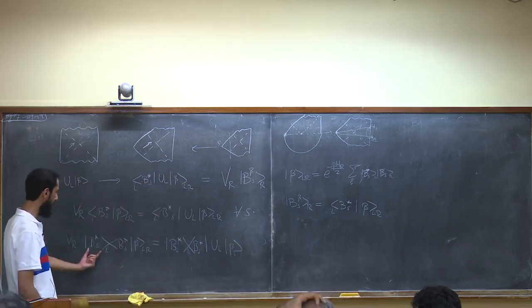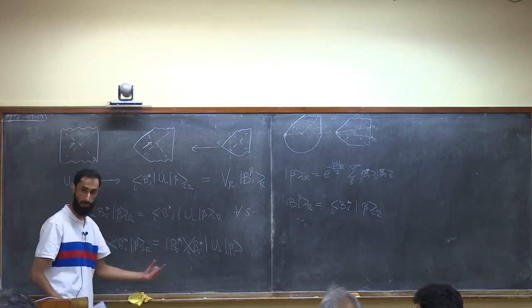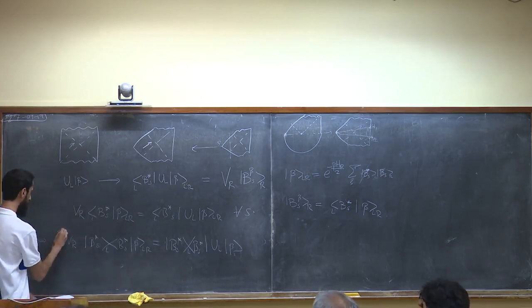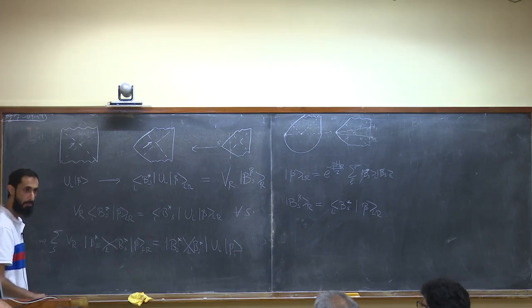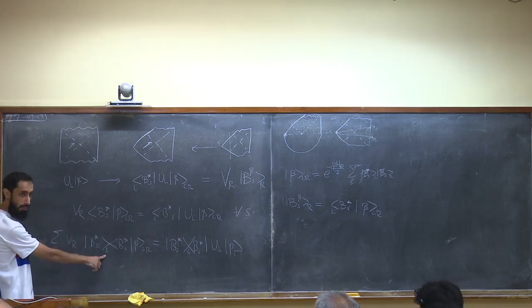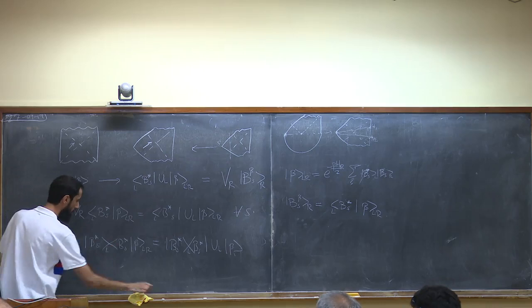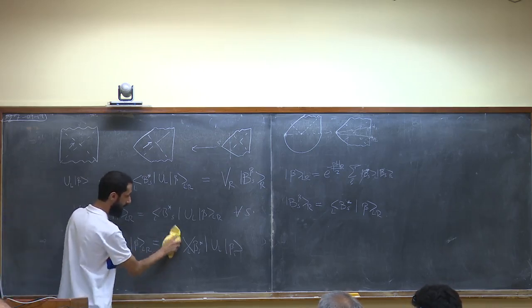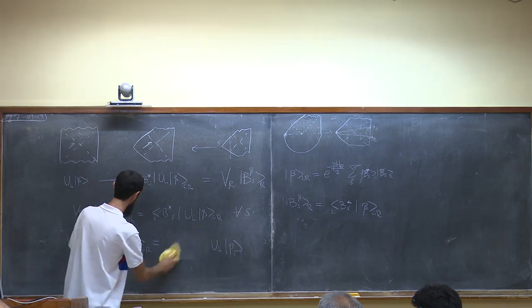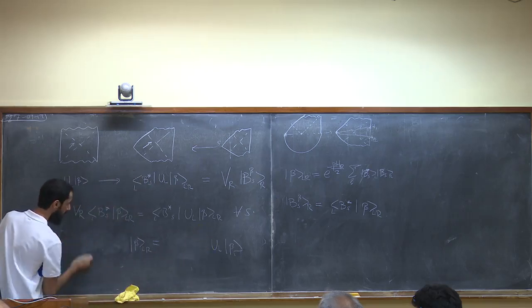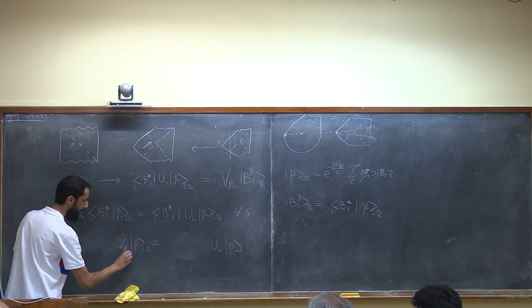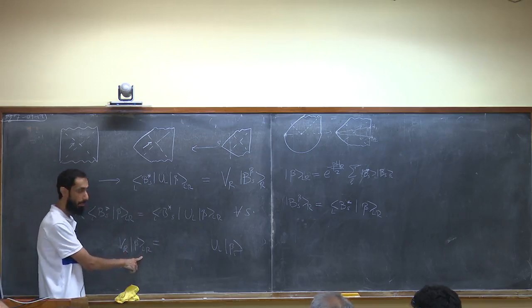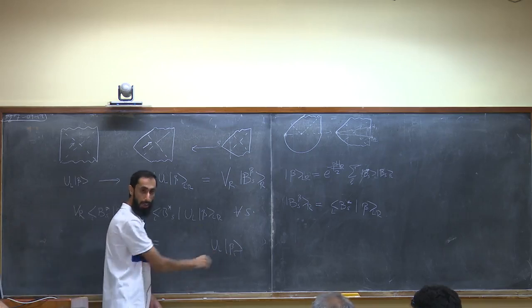So I just multiply by the ket bs star. Now sum over s. You sum over s on this guy. That just gives you a 1. Sum over s here gives you a 1. So you find that VR acting on the thermal field double is equal to UL acting on the thermal field double.